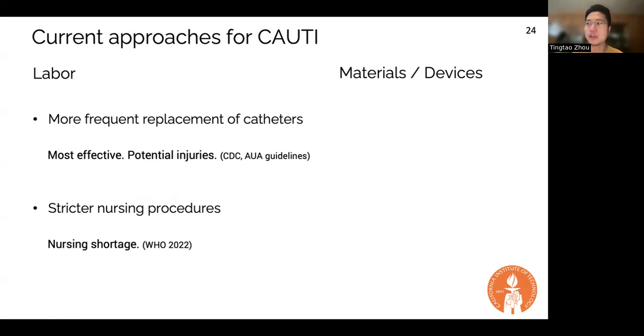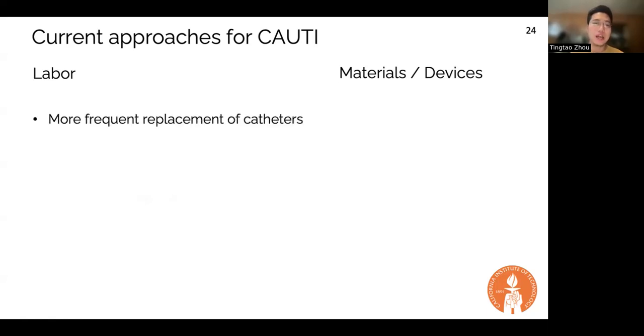For example, typically if the catheter stays inside the body of the patient for about a month, then almost 100% of those patients are going to be infected. So typically in hospitals right now, people try to replace these catheters every 2 or 3 weeks at least, and that has proven to be the most effective so far, right?